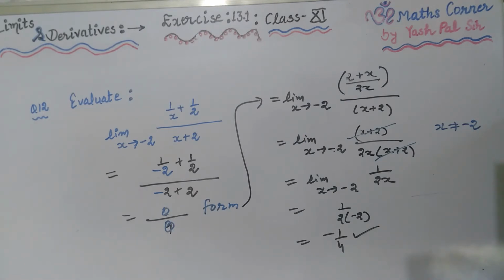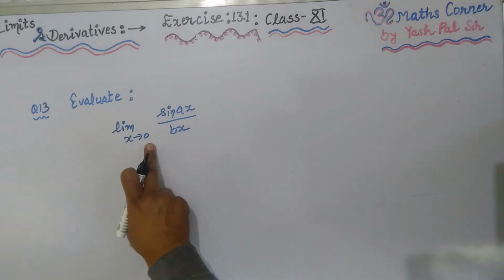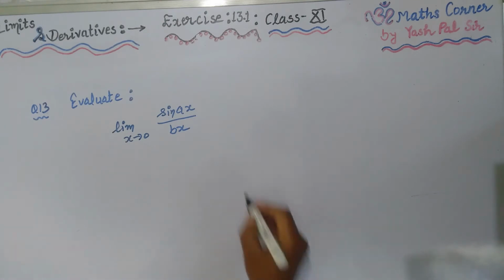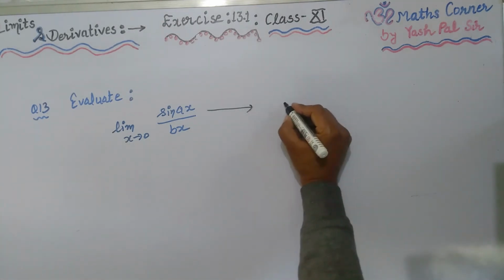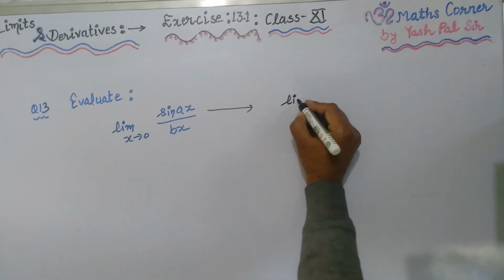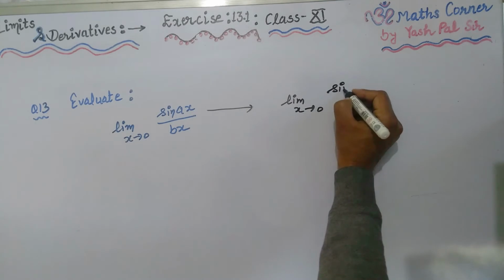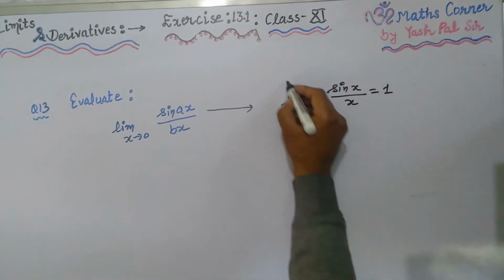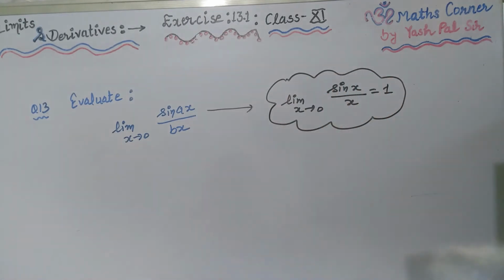Now next question. Question number 13. Evaluate limit x approaches to 0, sine of ax upon bx. So here my dear students, we have seen the formula. What was that? Standard result, limit x approaches to 0, sine of x divided by x, the value is equal to 1. In the previous video we have discussed this in detail.